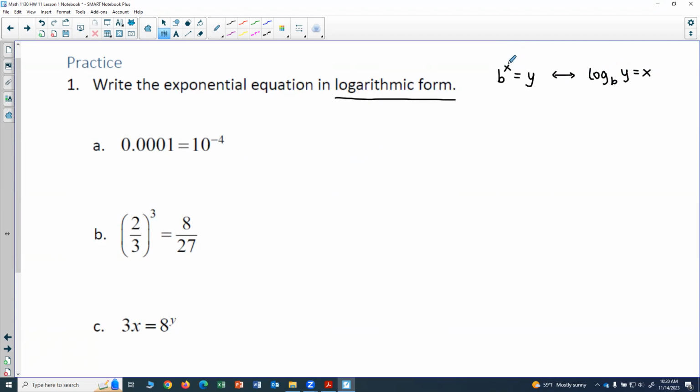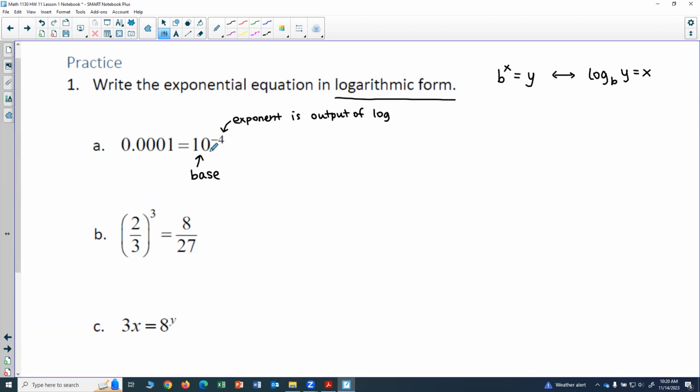So the exponent becomes the output of the logarithm. So here we have an exponent of -4, and we know that the exponent is the output of the log function or the log equation. The base is going to tell you what the base of your log is.